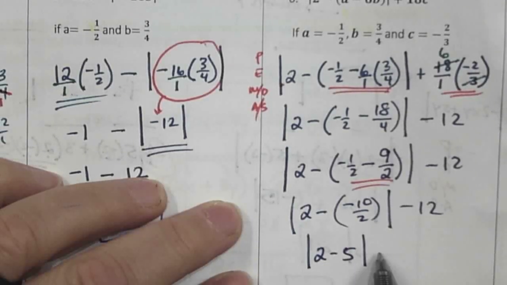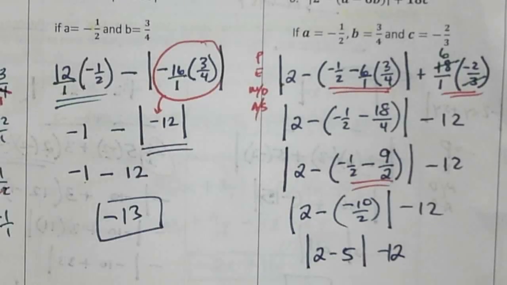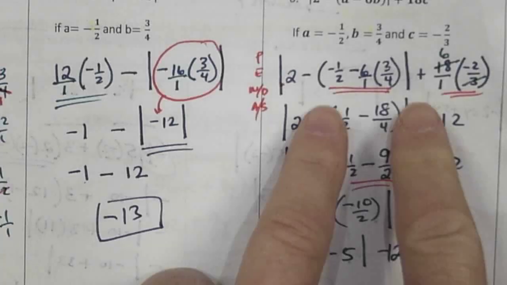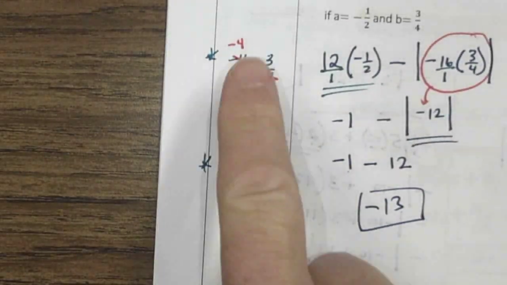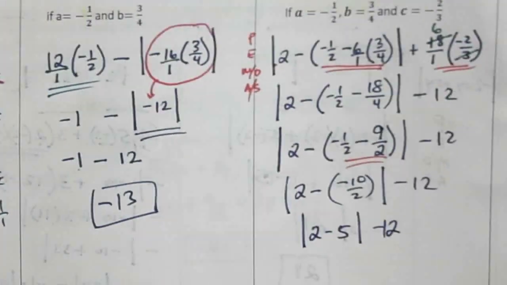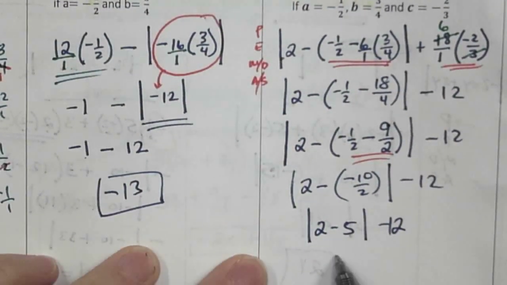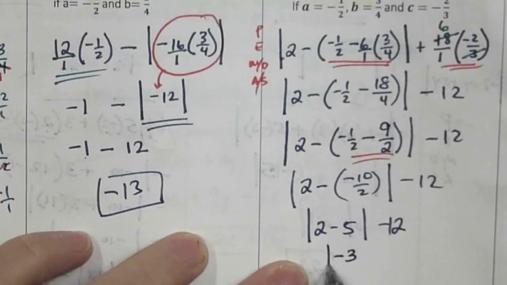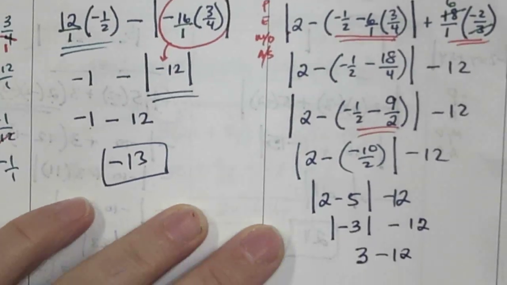Absolute value 2 minus 5. Now we don't have any more fractions. So dealing with this slowly, and you might even say, this is real messy, I need to go off to the side to deal with a little bit before I put it back in. What's 2 minus 5? What is the absolute value of -3? Positive 3. What is 3 minus 12?